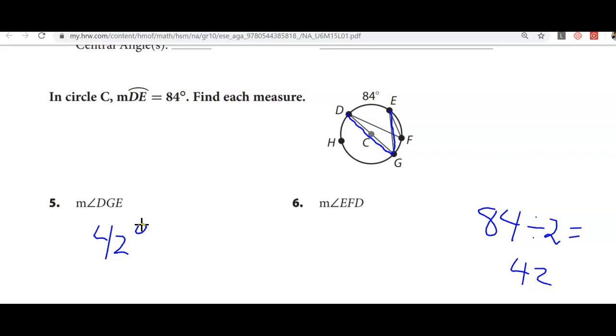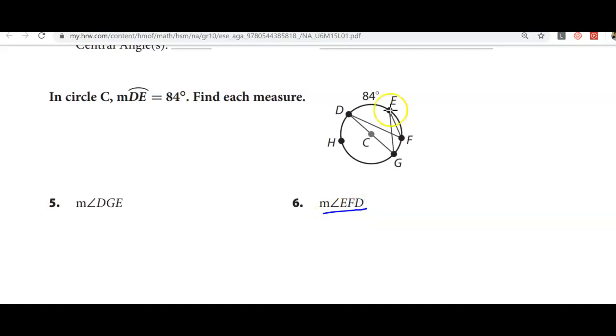Okay, now we have EFD. So EFD. Okay, so even though we did different points in here, we have G in the middle right here.